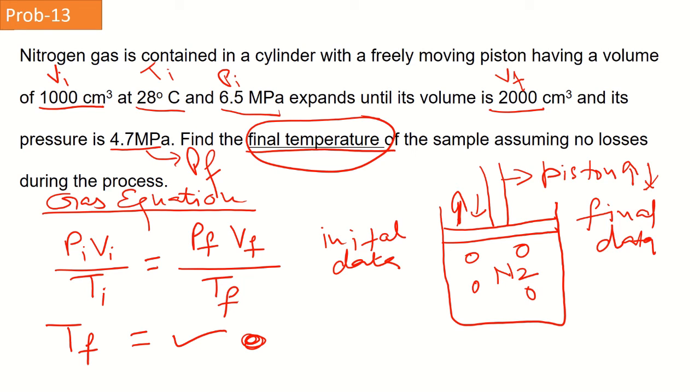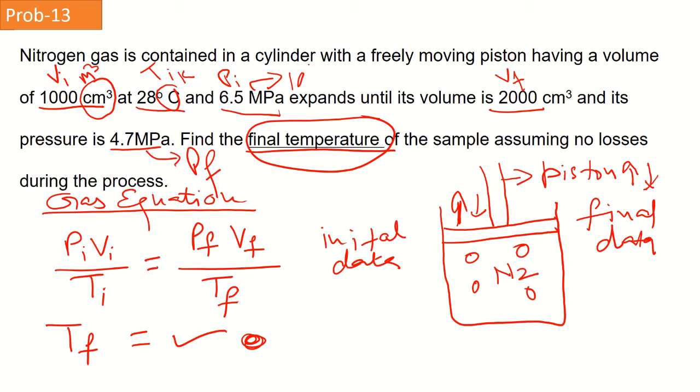But before putting the values of the parameters, the volume is given in centimeter cube, so this should be in meter cube, and the temperature cannot be taken in degree centigrade, so this temperature should be in Kelvin, and the mega you have to change.